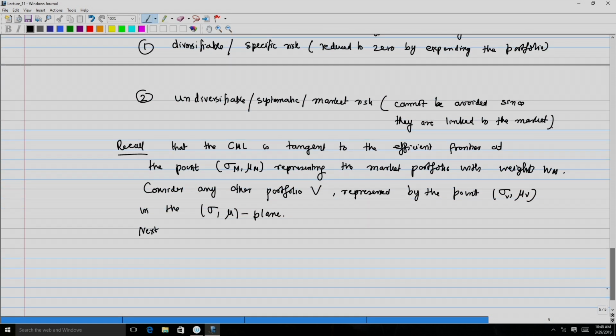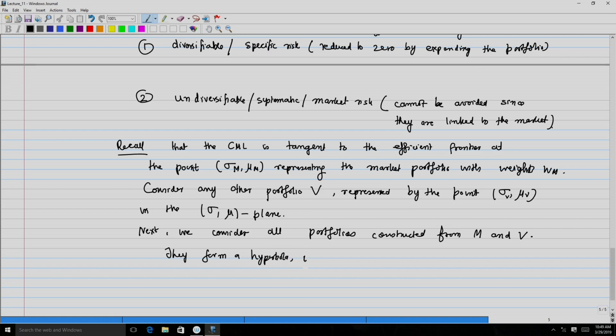Next, we consider all portfolios constructed from M and V, that means, a combination of the portfolio M and V, in which case they form a hyperbola which will be tangent to the CML at the point of market portfolio, namely sigma m mu m.